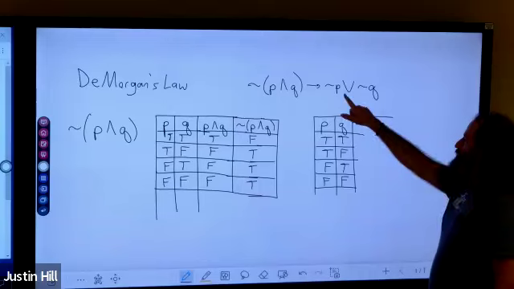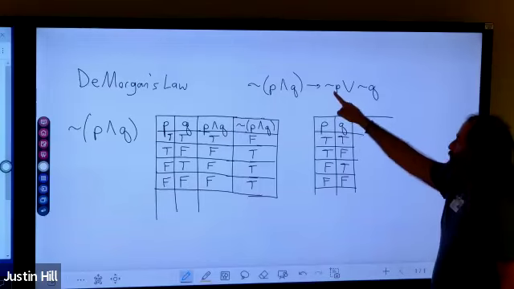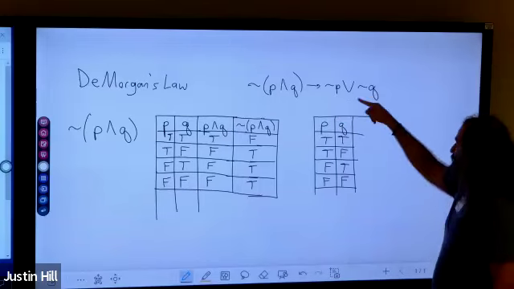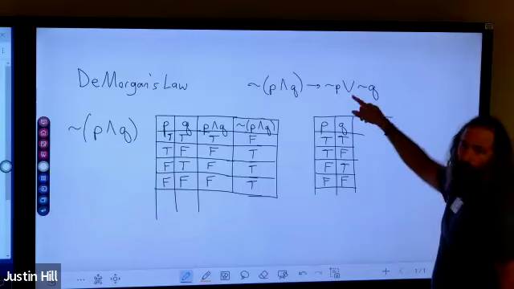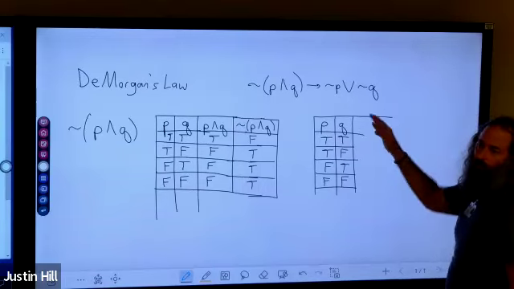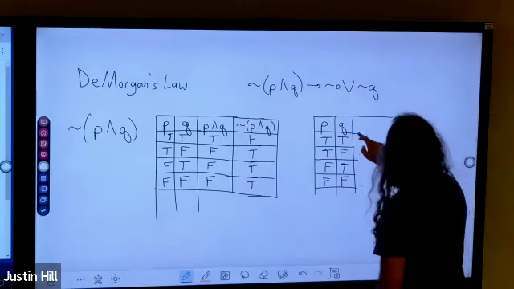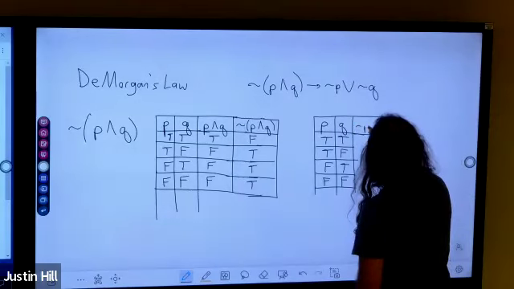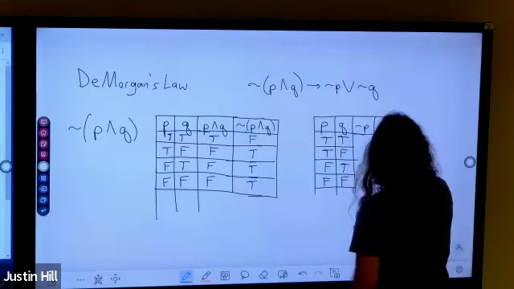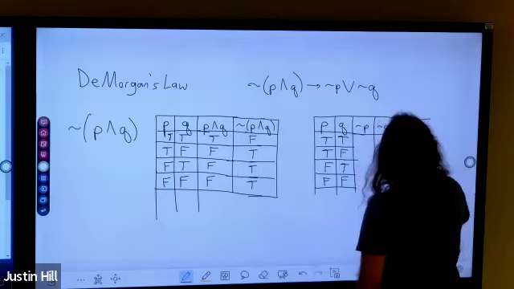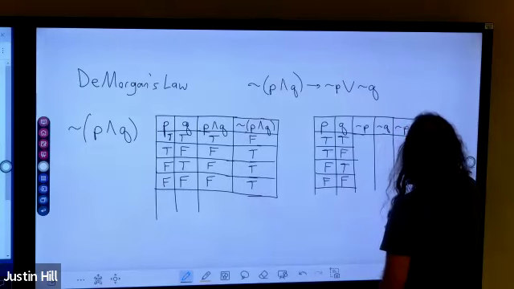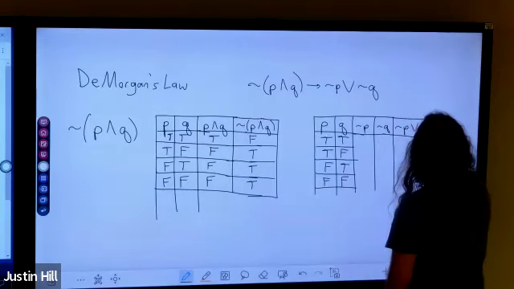Notice for this statement, there's actually three operations. We've got to negate P, we've got to negate Q, and then we've got to put an or between the two. So you're going to need a column that says not P, a column that says not Q, and then you're going to build our ultimate statement, not P or not Q.